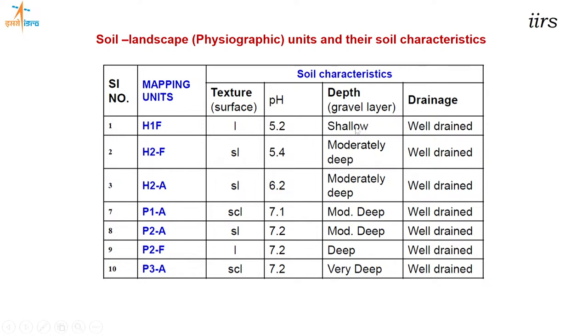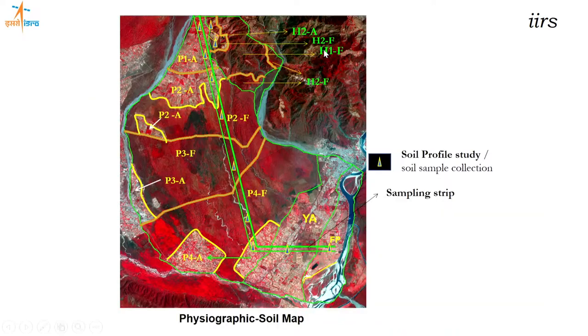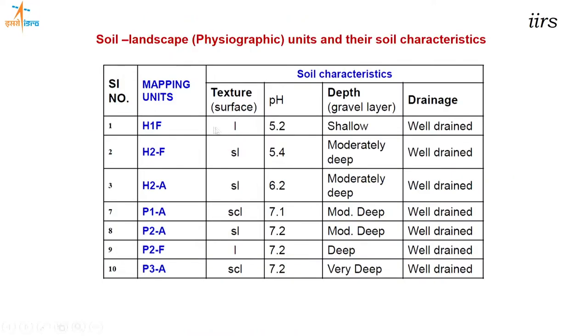Depth of the soils you can observe in the field, drainage of the soils we can study with the morphological properties of the soils. And these are the map units H1F, H2F, what you have seen, H1F, H2A, H2F. In this you have taken the soil samples. So those soil samples you analyze and you prepare a table like that one. And this map unit attribute table is linked with your soil physiographic map.